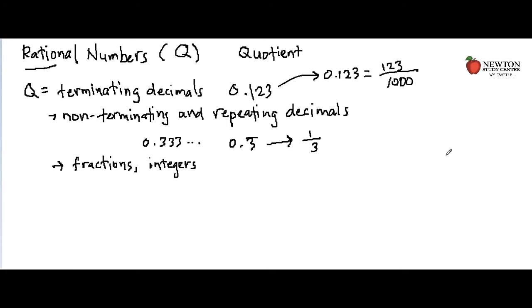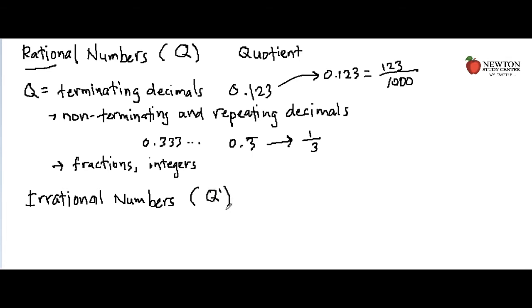Before we summarize, there is still another set, and that is your set of irrational numbers. So the symbol for irrational numbers is just Q prime.